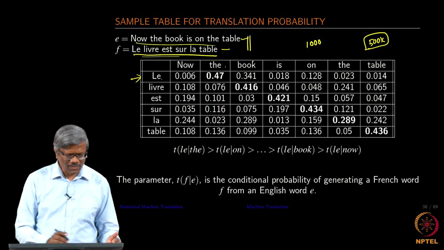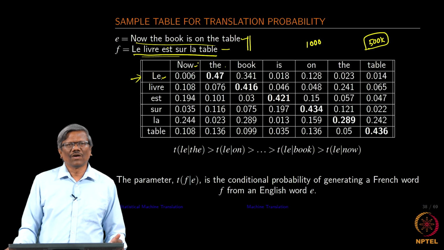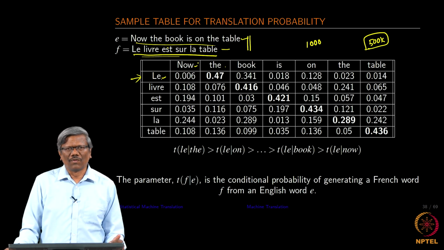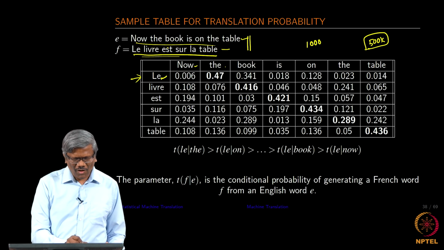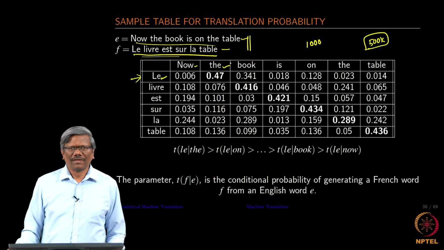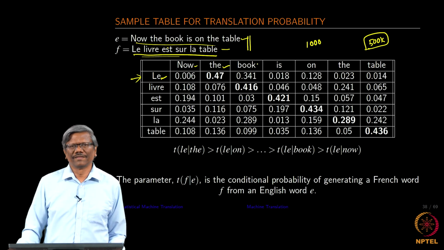For example, I am going to look at this one and then see how this is aligned to now. So, I start counting how many times le and the aligned, how many times le and book got aligned, and so on.